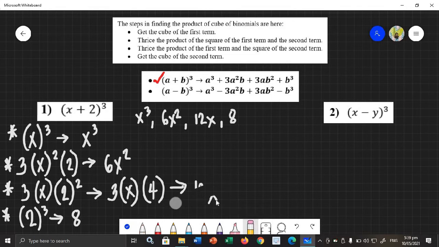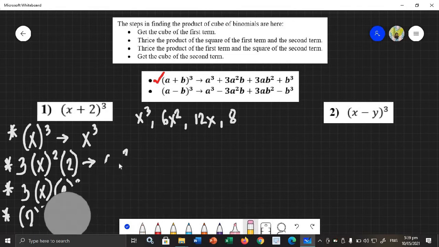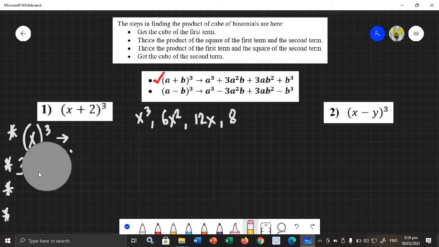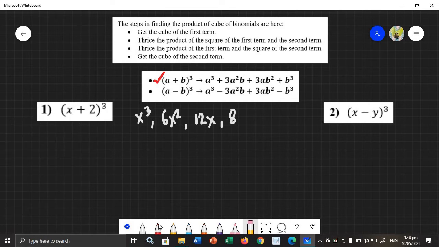Now, let us write our product. So the product for example number 1, since the given binomial is separated by a plus sign, this is the pattern that we will follow.